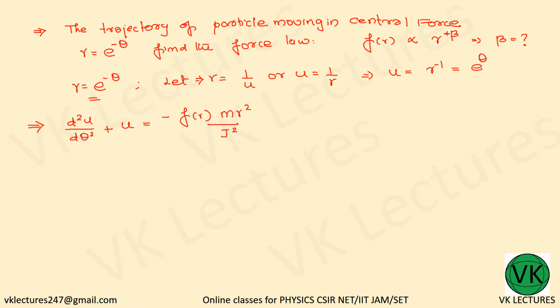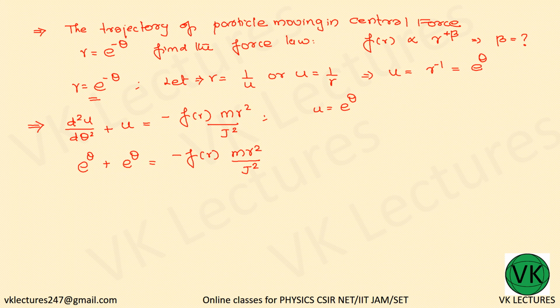Now we know that u equal to e to the power theta. The second derivative of u with respect to theta gives the same e to the power theta, plus u is again e to the power theta, equal to minus F of r m r squared by j squared.